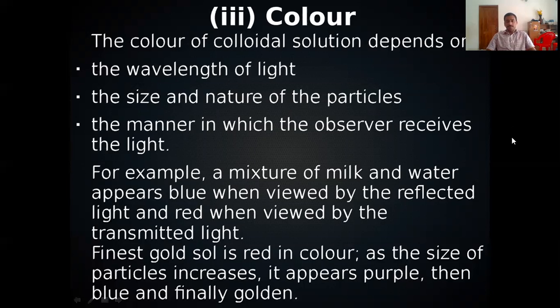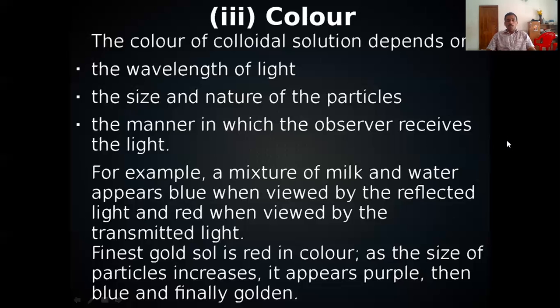color of the colloid. You will understand it from the examples. For example, a mixture of milk and water appears blue when viewed by the reflected light. If you are viewing the reflected light, that will be blue. Means if you are observing it in a perpendicular direction, from the sides, the light will be blue.